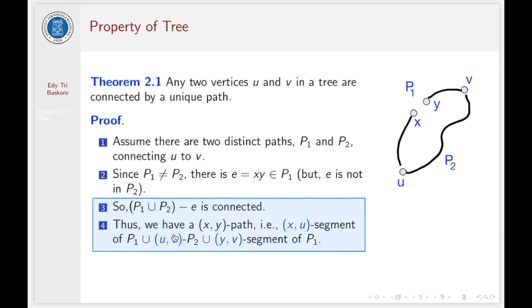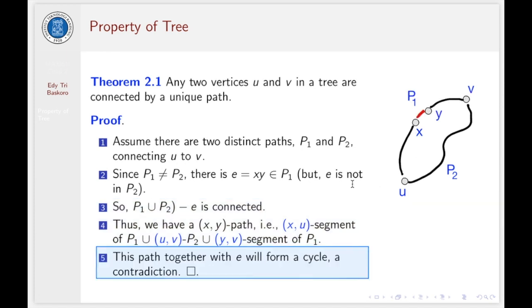Thus, we have a path from X to Y consisting of a segment path from X to U, and then from U to V, and then from V to Y. Therefore, this path together with E will form a cycle in a tree, so contradiction. Therefore, any 2 vertices U and V in a tree are connected by a unique path.